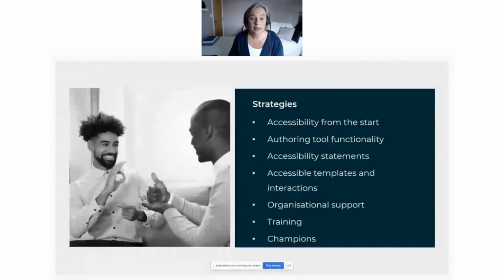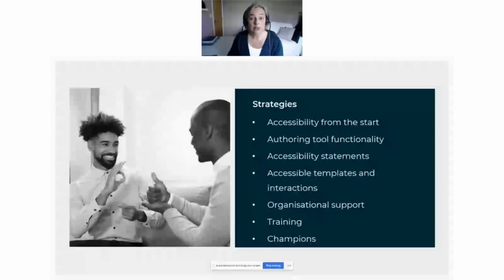Other things you can consider to streamline the accessibility process are to be confident from the outset about the accessibility capability of your tool and also how to work around any limitations. So that may mean that you might need to avoid certain activities, interactivity as we've talked about.